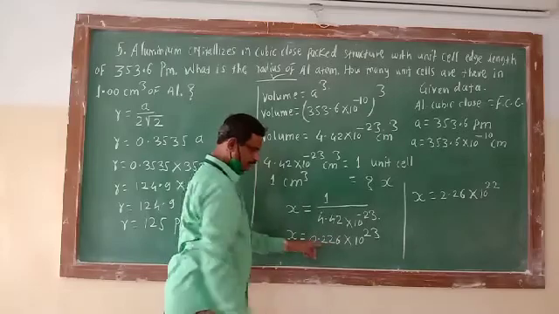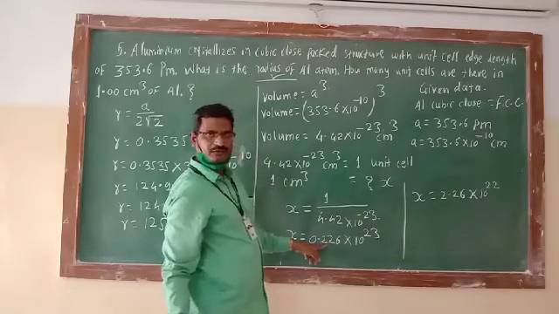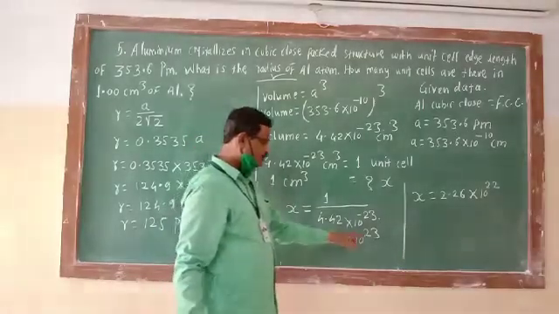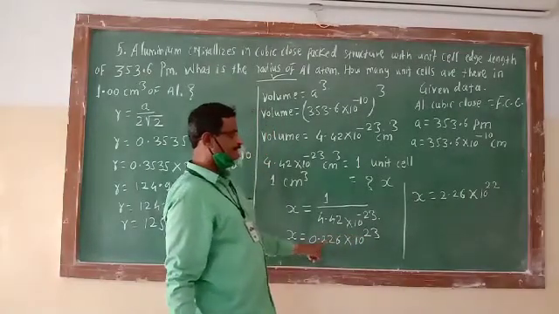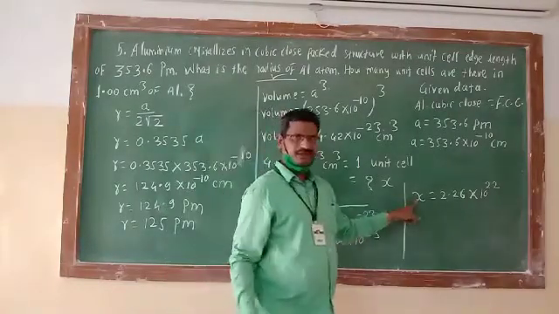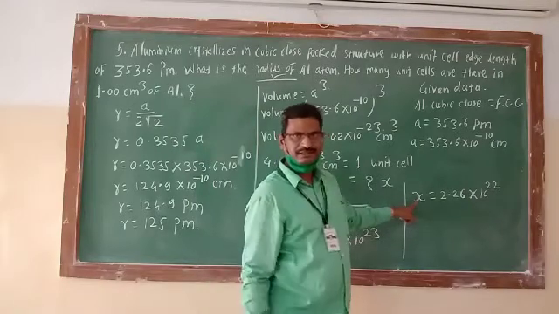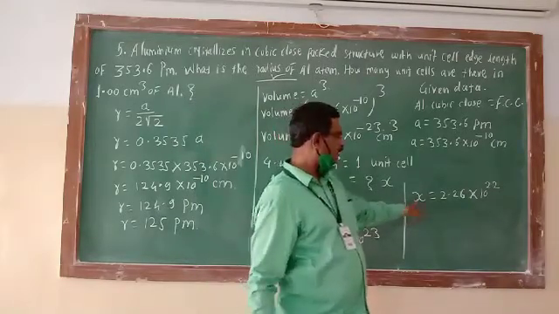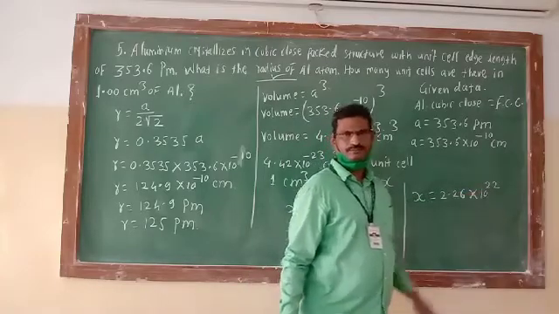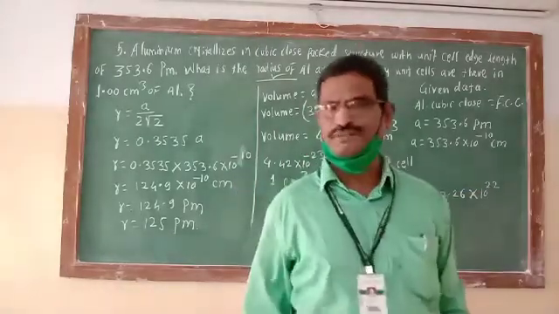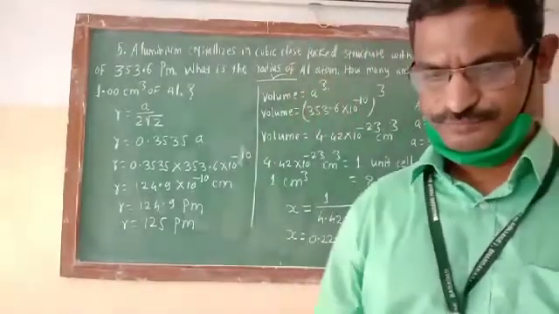Taking 1 decimal to the right side, 10 raised to 23 becomes 22 and this becomes 2.26. So finally x, the number of unit cells in 1 centimeter cube, is 2.26 into 10 raised to 22. This is the solution for problem number 5.